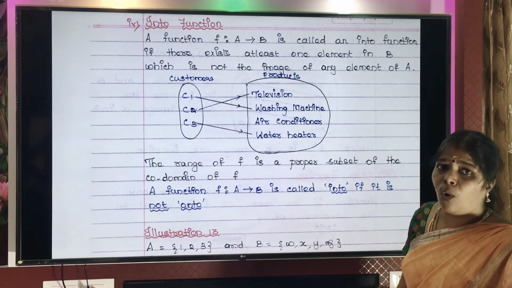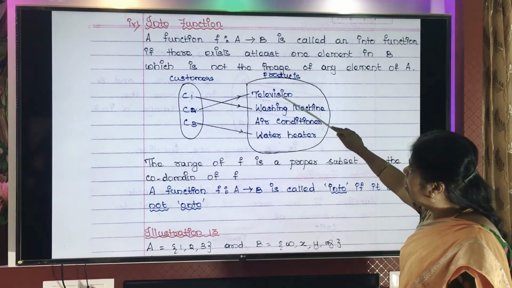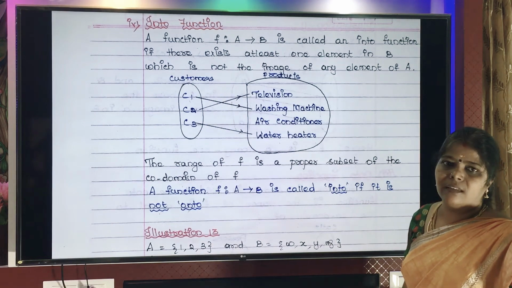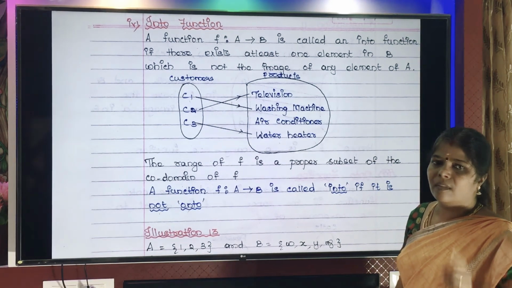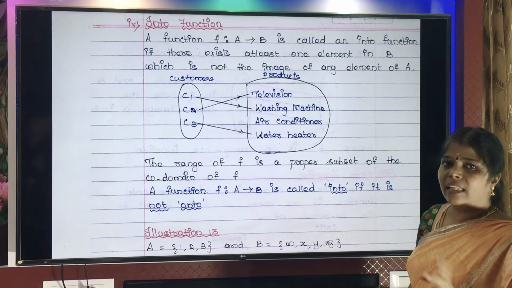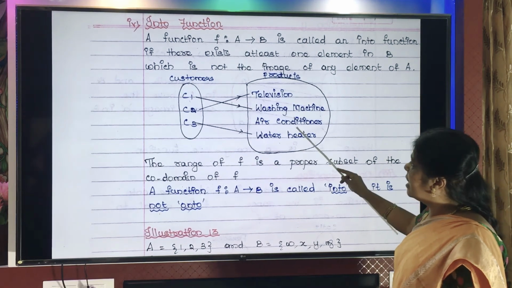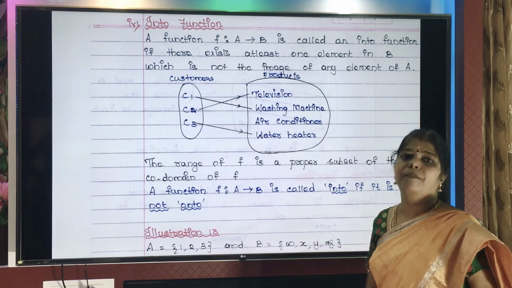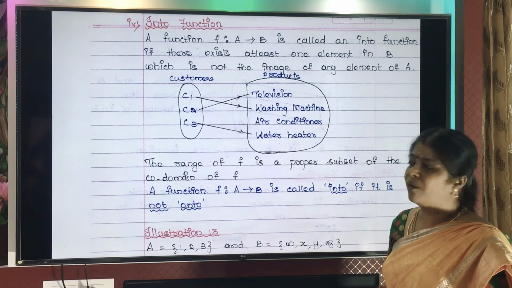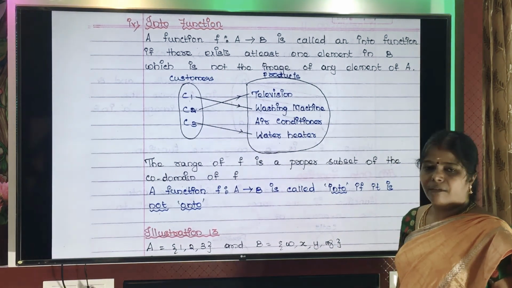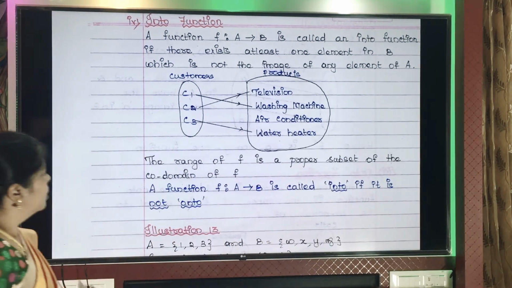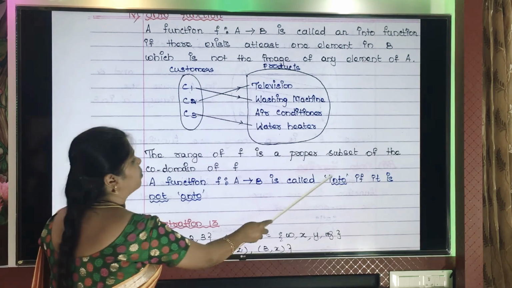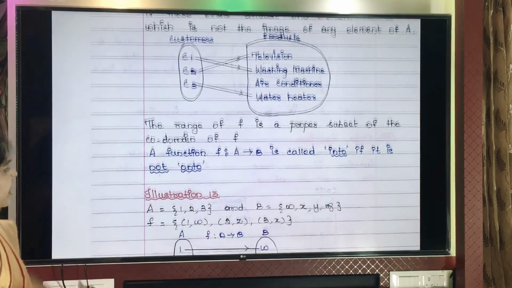But when I say codomain, you will write all these four elements. So in this case, range is not equal to codomain. One way you can tell like that. The other way: air conditioner is not having any pre-image. Therefore, such functions are called into functions. Into means not onto.